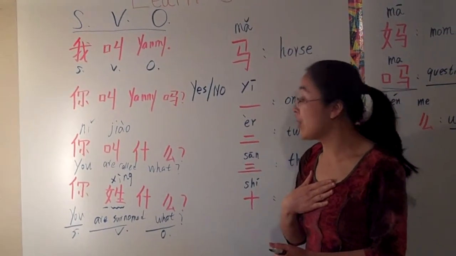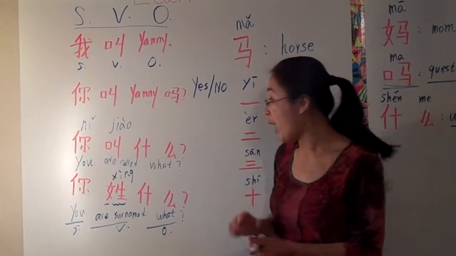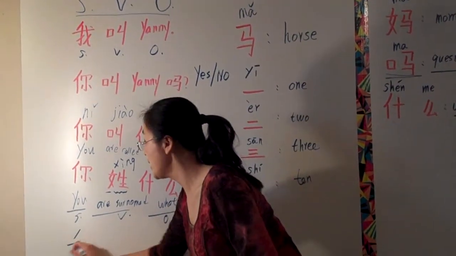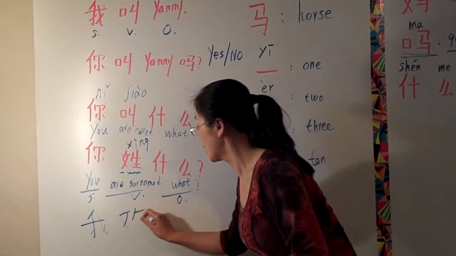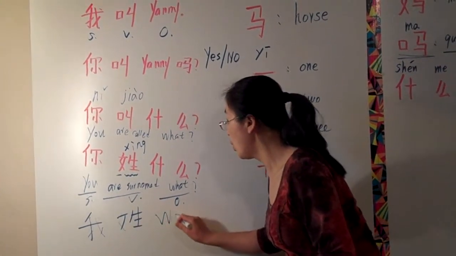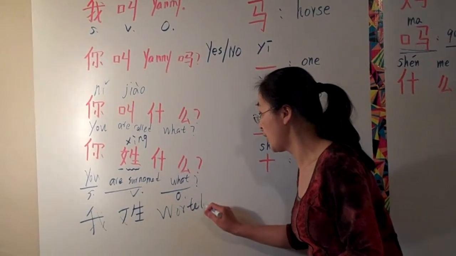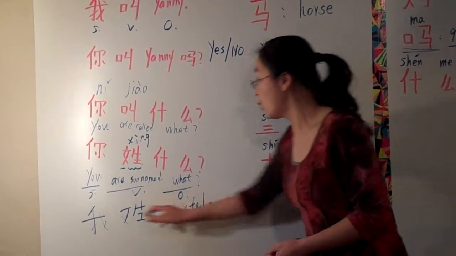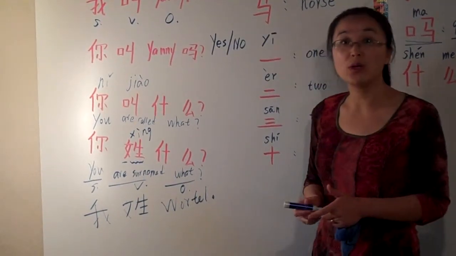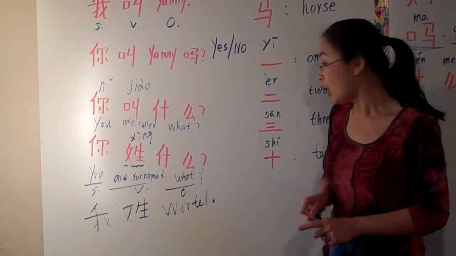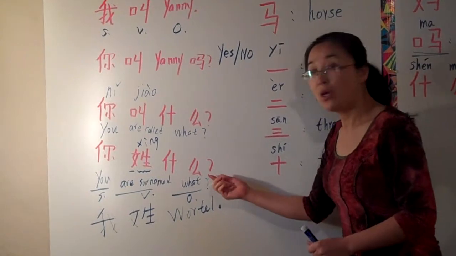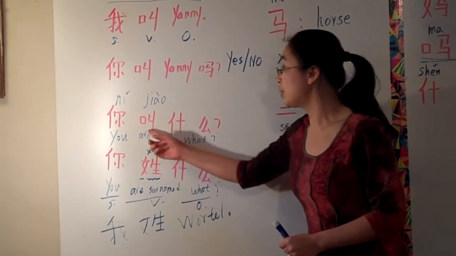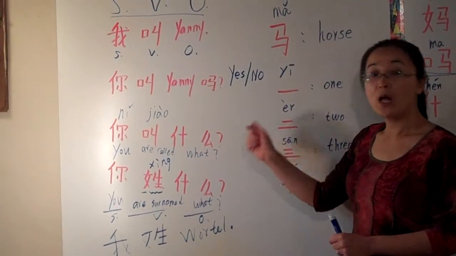For me, my answer would be 我姓 Walter. You know that now, okay? 我姓 Walter. Okay, now you know how to ask people's last name. You know how to ask people's name.